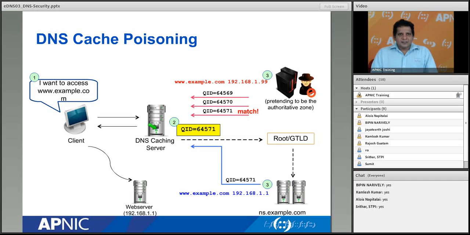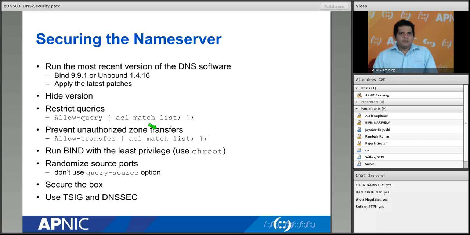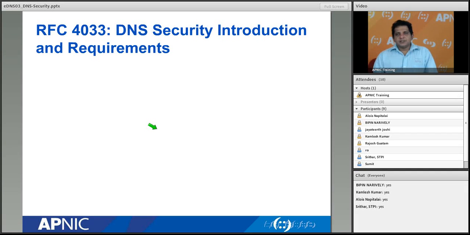So that answer in this example, 192.168.1.99, could end up in this DNS caching server. After that, whatever query is coming in can get 192.168.1.99 instead of 192.168.1.1. So these are the type of situations we are talking about.